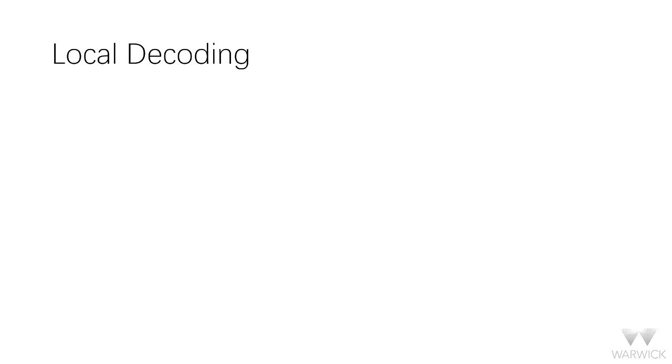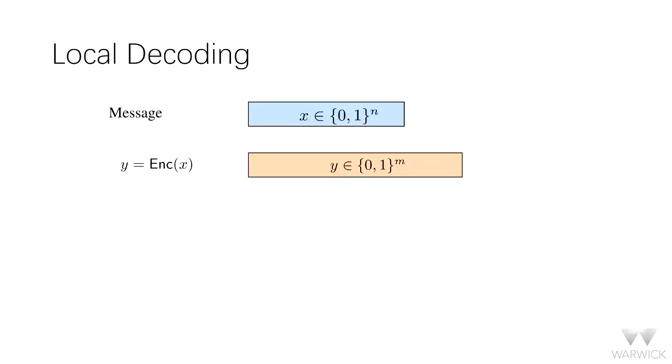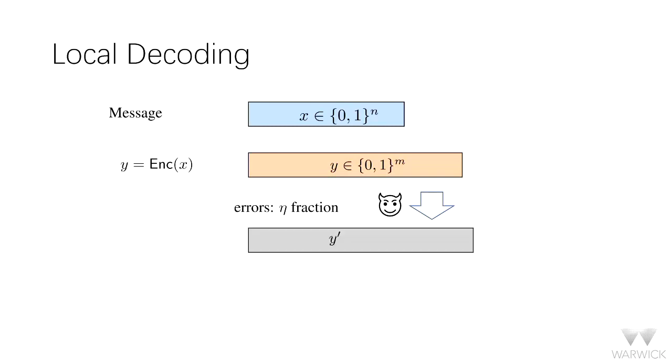Local decoding. Given a codeword y, imagine that an eta fraction of errors happen on y, and then we get a corrupted version y prime. The local decoder wants to compute a message bit x_i on input y prime and an index i in [n].